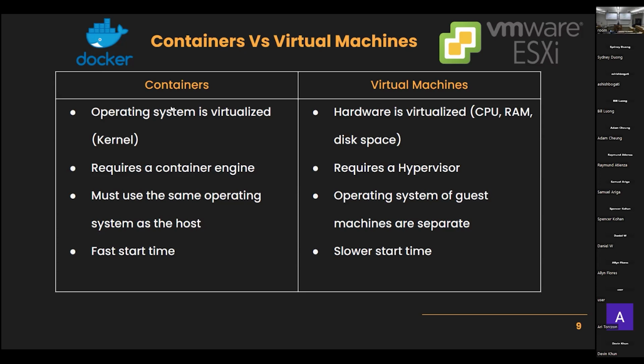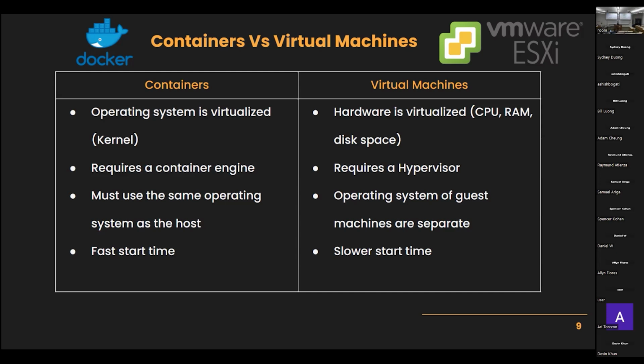And then with containers, actually going back to virtual machines, you'll see that the operating system you put in a virtual machine could be anything. So if you're running on Windows, you can have a Linux VM or a Windows VM. But with containers, it only runs with the operating system of the host.